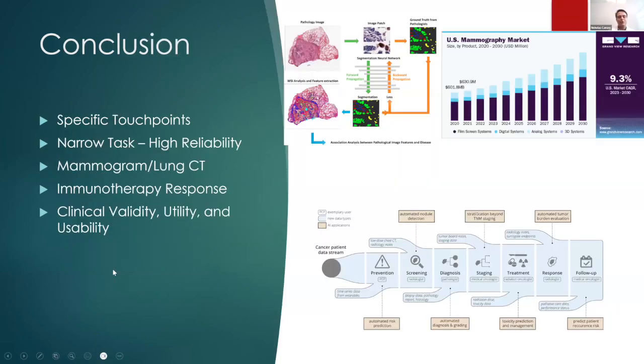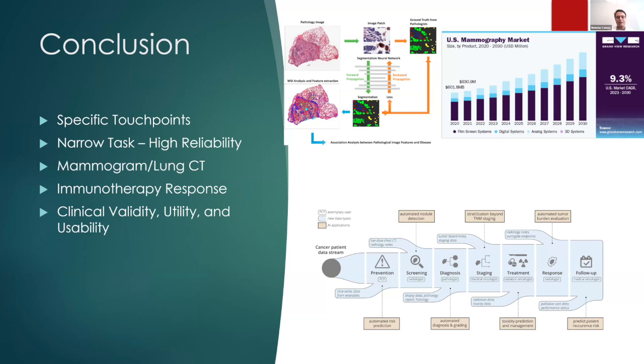And so in conclusion, I think the use of AI or deep learning in medicine is through specific touch points with narrow tasks and high reliability. This will happen with prevention, screening, diagnosis, and follow-up. I think two areas that we should really be focusing on are the yearly mammogram and lung CT for cancer, because of the amount of money that we're using for these screening tests and the amount of value we could get out of it.